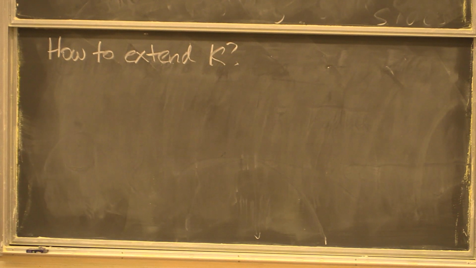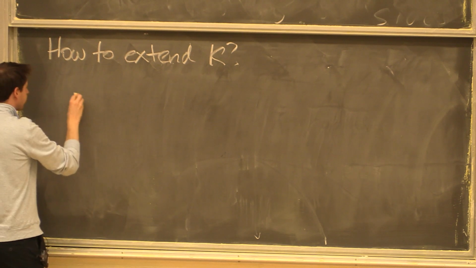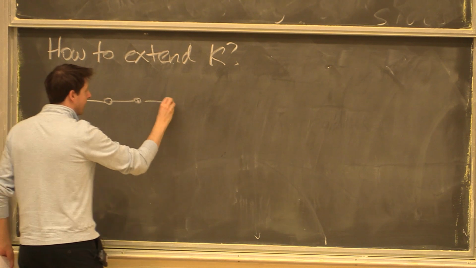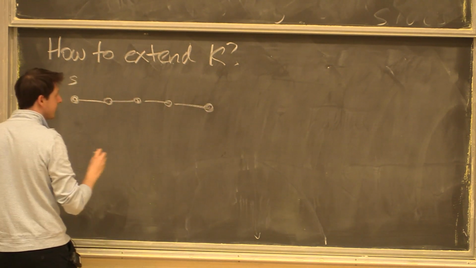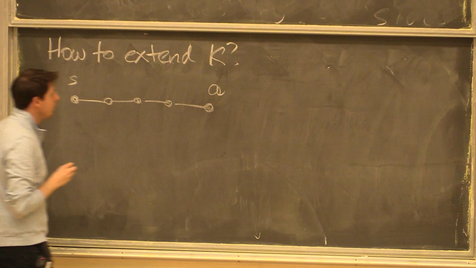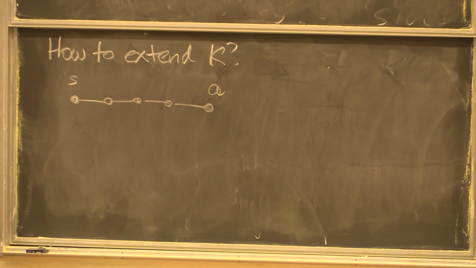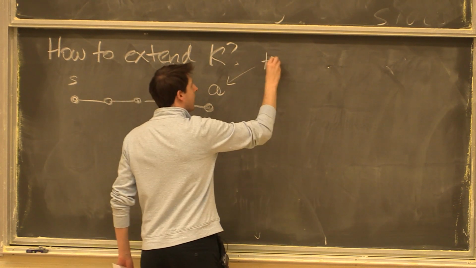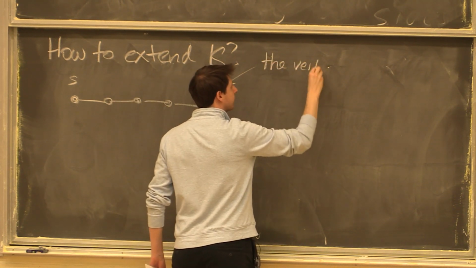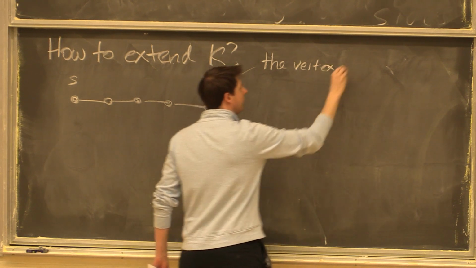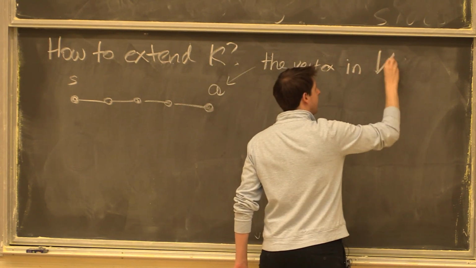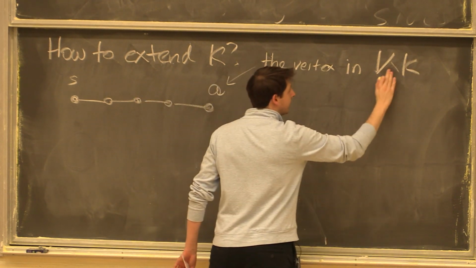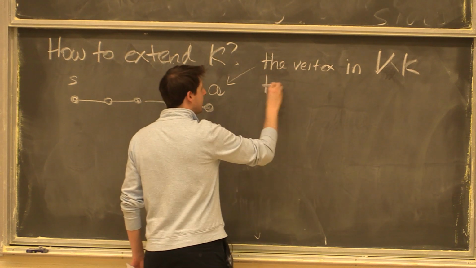So let's look at an arbitrary shortest path that goes from S to A. And now we're going to look not at just any A, but we're going to set A to be the vertex in V minus K. So this is anything that is not in K that is closest to S.